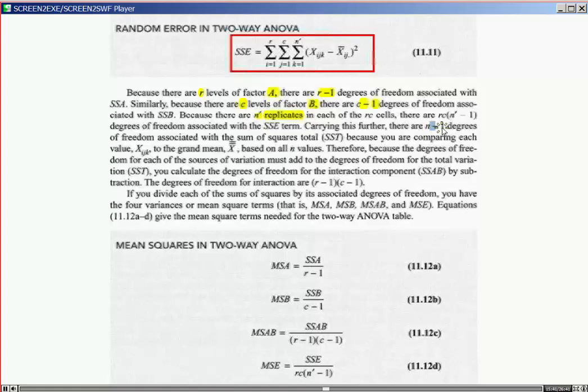Carrying this further, there are n minus 1 degrees of freedom associated with the sum of squares total, because you are comparing each value. This is each value, all values possible in this whole calculation, X sub ijk. You're comparing each value to the grand mean based on all n values, and n equals R times C times n prime.